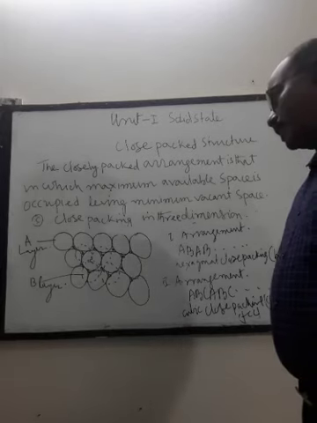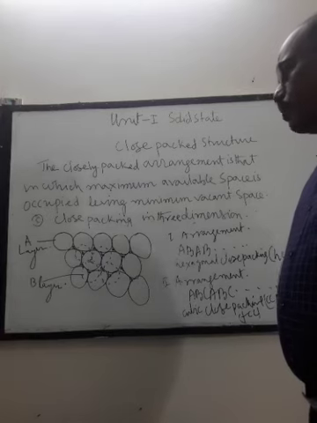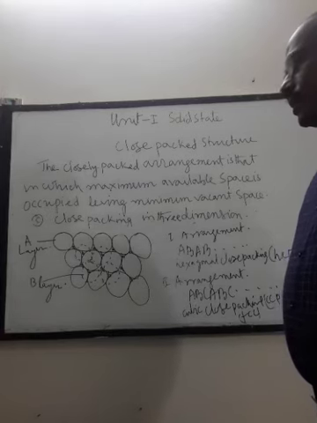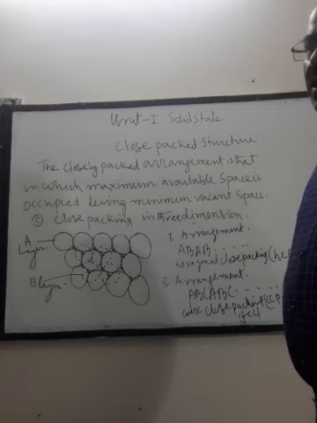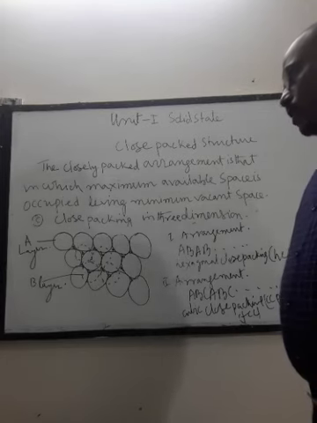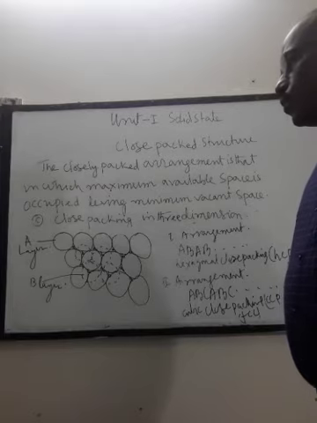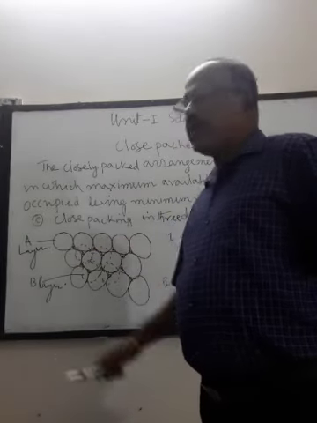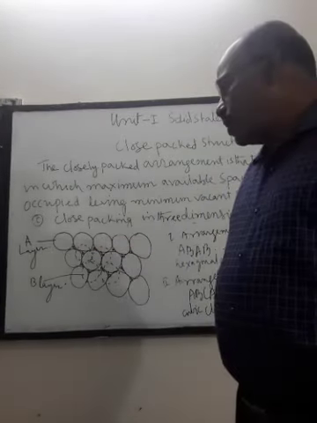Now if we place the second layer in B void, then we get another layer, which is labeled as B layer. So the first layer is known as the A layer and the B layer is called the second layer, which is obtained by placing the second layer in B void.